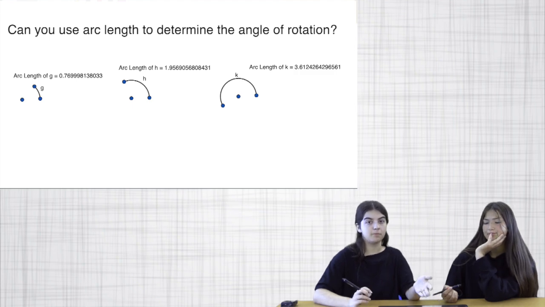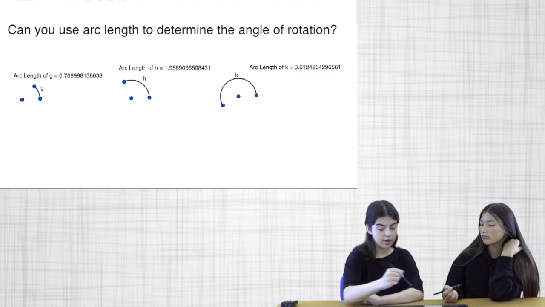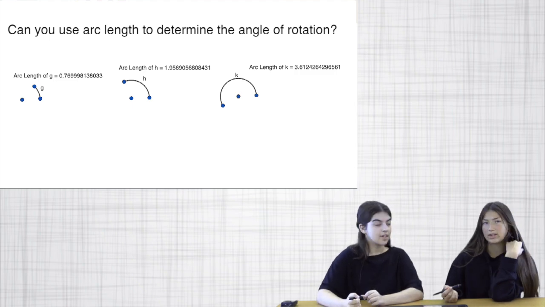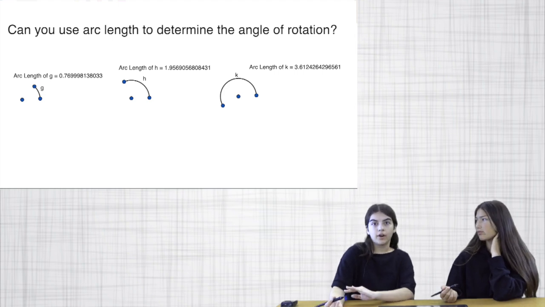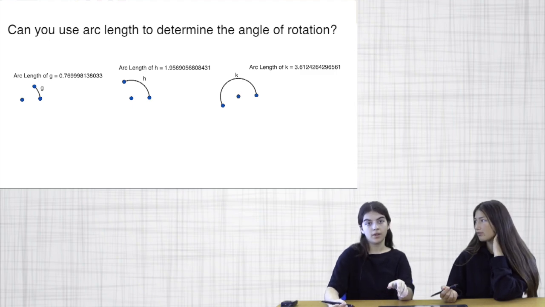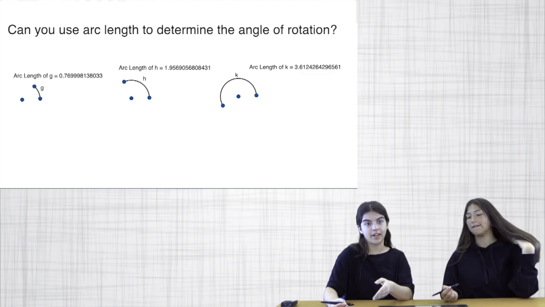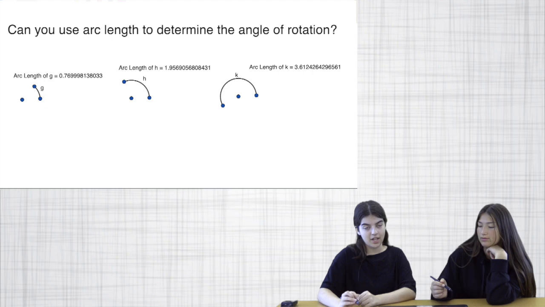So technically speaking, you could find the angle of rotation by finding the length of the arc, because that's what we just did. We would have to figure out the fraction of that arc compared to the rest of the circumference, but theoretically you could find the angle of rotation.